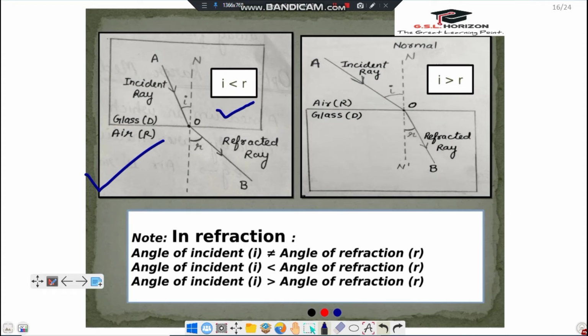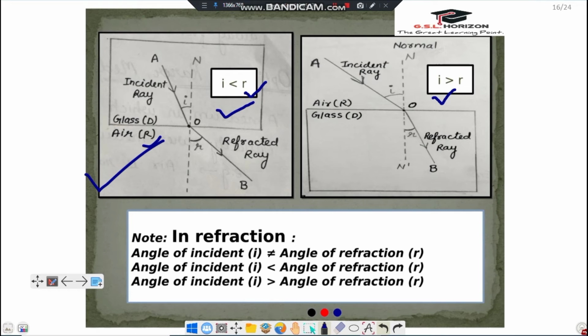Here we can also remember R for rarer, and R for refracted ray. When an incident ray passes from a rarer medium to a denser medium, then the angle of incidence is greater than the angle of refraction.